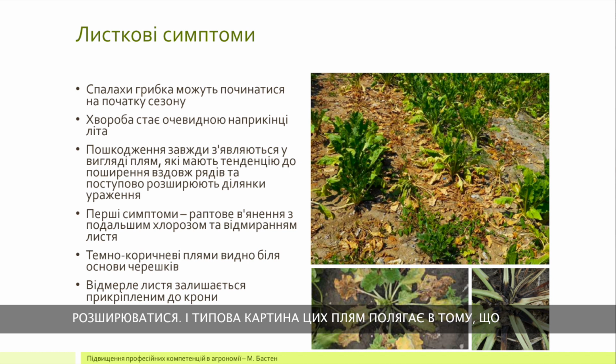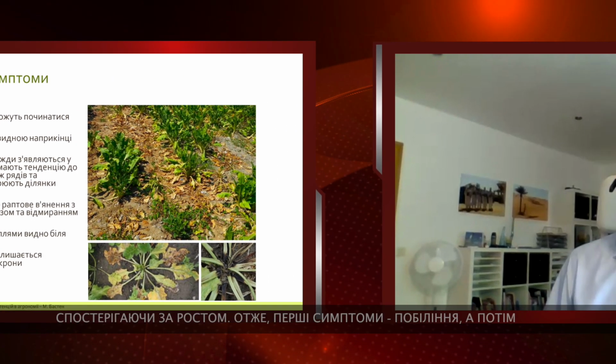And the typical pattern of these patches is that it grows along the roots because the fungi spreads very much along the roots. And then it grows gradually in the field to other rows and so forth. So first symptom is the wilting, sudden wilting, and then the leaves in a way get chlorotic, and further on necrosis is seen.